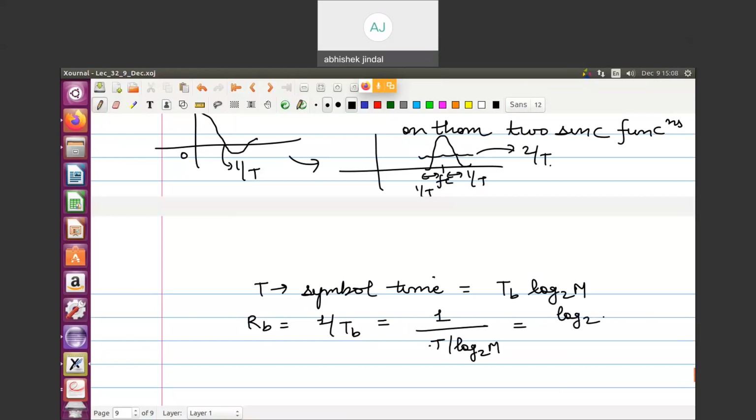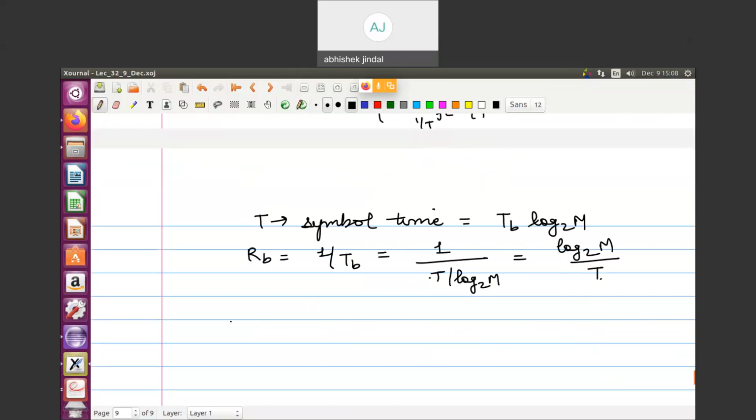This is equal to log 2m divided by T. Okay. So what is your bandwidth efficiency? Rho is RB by B, which is equal to log 2m by T into T by 2. So this is equal to log 2m by 2. So this is your bandwidth efficiency.